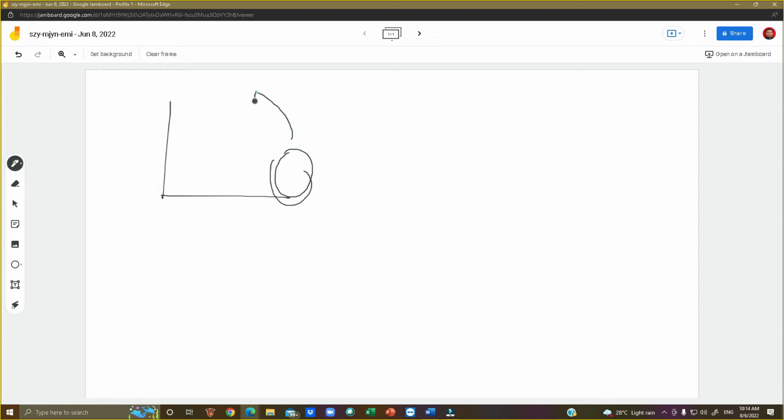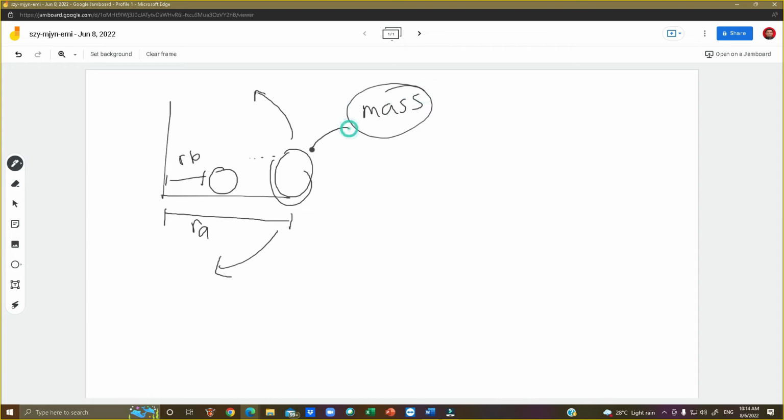If we try to move an object, kita namakan jarak ni sebagai radius A, or if we change the object here, so kita namakan jarak yang kedua ni sebagai radius B. So based on the concept of moment of inertia, the concept of mass, moment of inertia tu mass. Mass of what? Mass of this. Mass of the system.